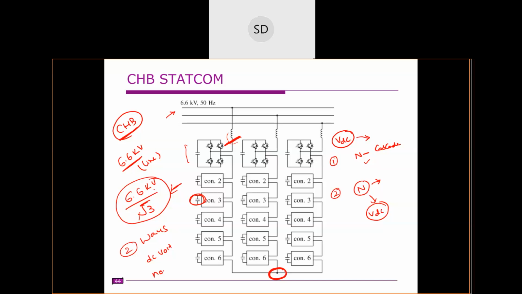Before that, all these H bridges are operating in PWM mode, right?